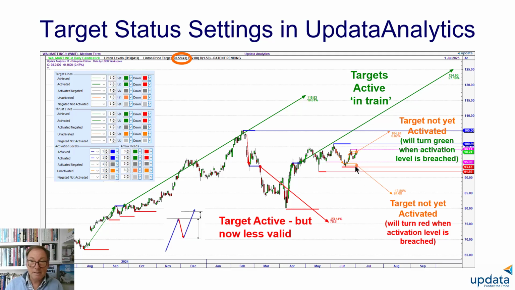If we go lower, this target turns red. So really quite key. And here we've got a downside target that is still active, but it is becoming less valid as we start to see these new upside targets. And of course, if we break higher, we really start to discount this target. And if we make a new high, that target will disappear. It's negated.